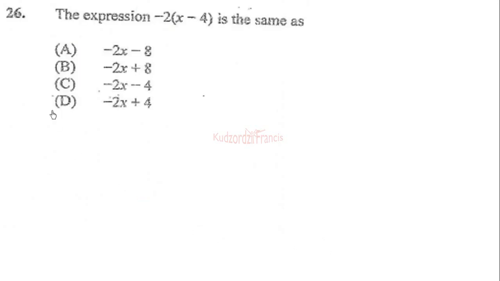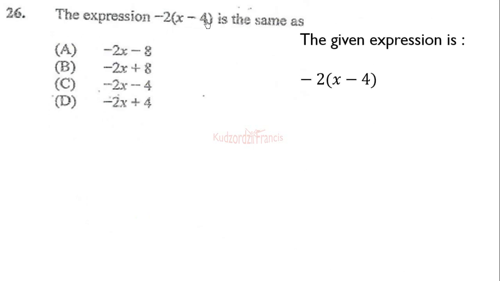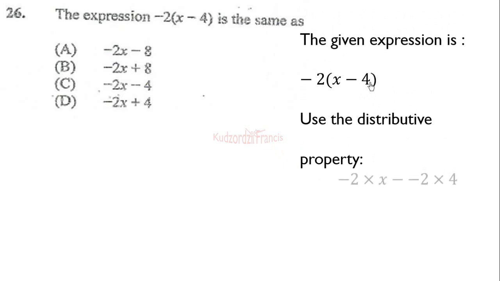Now let's proceed with this. The expression -2 into x minus 4 is the same as. So we are going to use the distributive property. Using the distributive property, we multiply this by this, then we multiply this by this.